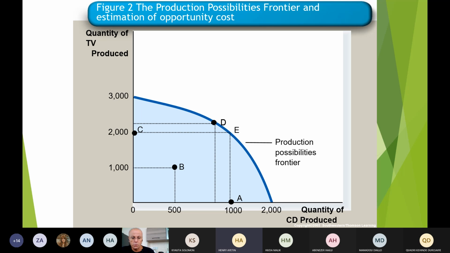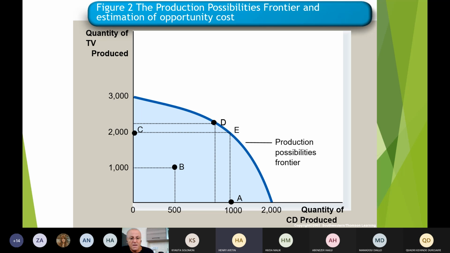If you have the capacity to enlarge the TV to 2,000 and the CD to 2,000, this is then available production combination in this company or in this country. And above this is not possible if you are not going to change these factors of production or enlarge this capital market to a higher level.